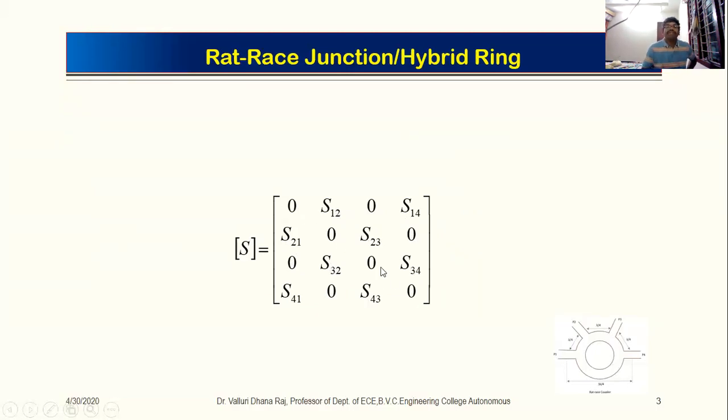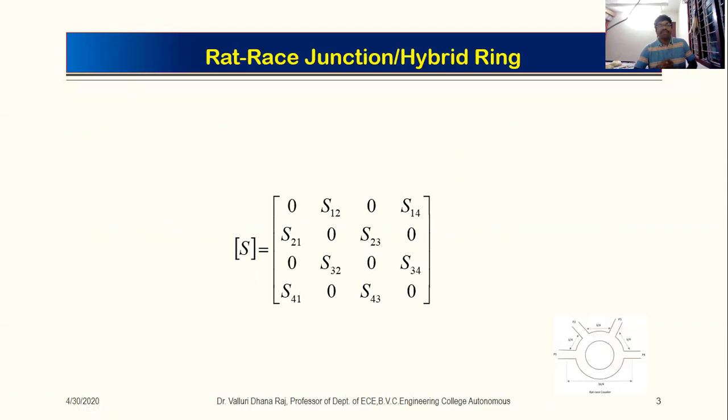You can see all the diagonal elements are 0, and also ports 1 and 3 are isolated ports, so S13 and S31 are both zeros. On the same lines, S24 and S42 are also 0. These two are also 0. You can see this one and this one.